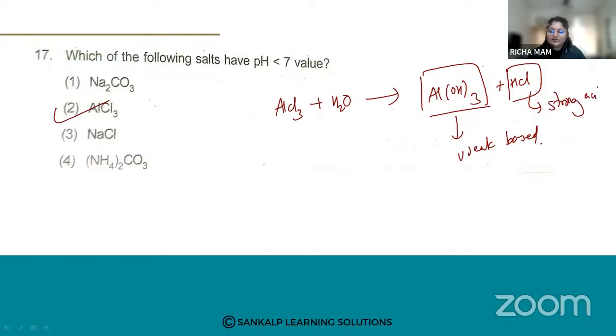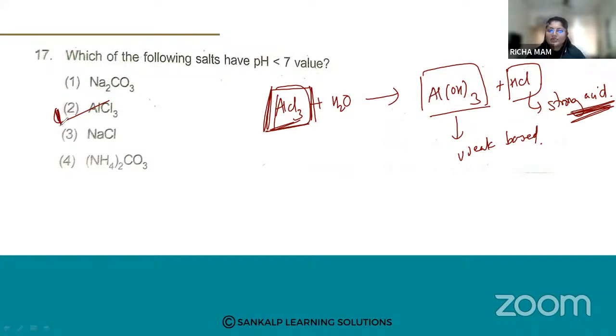So the influence of the acid will be more, because AlCl3 is acidic in nature. So the pH will be less than 7.